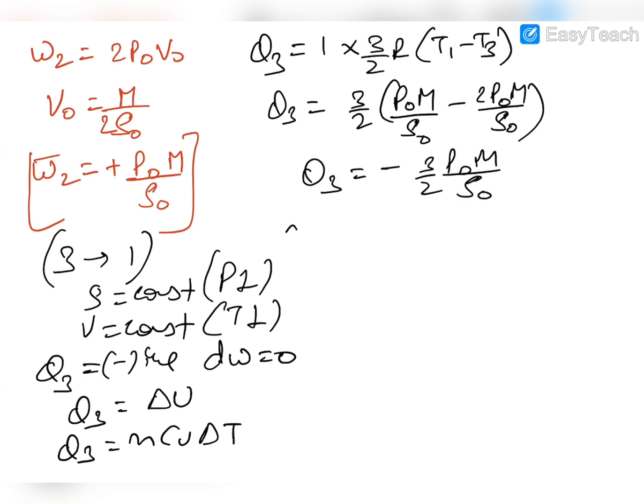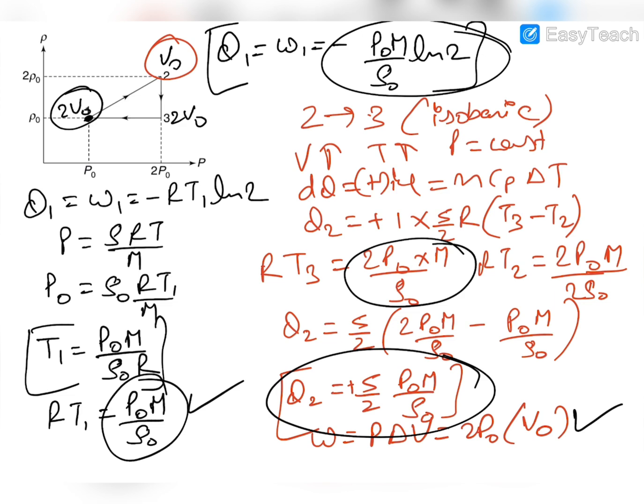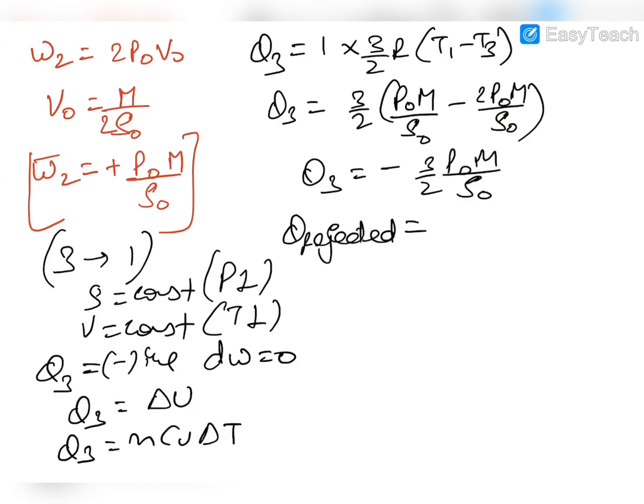So the total heat rejected will be the sum of the negative heats, and the negative heats are Q1 and Q3. So heat rejected, this is the modulus, obviously, because we are already saying that it is being rejected, so we do not need to put an additional negative sign.